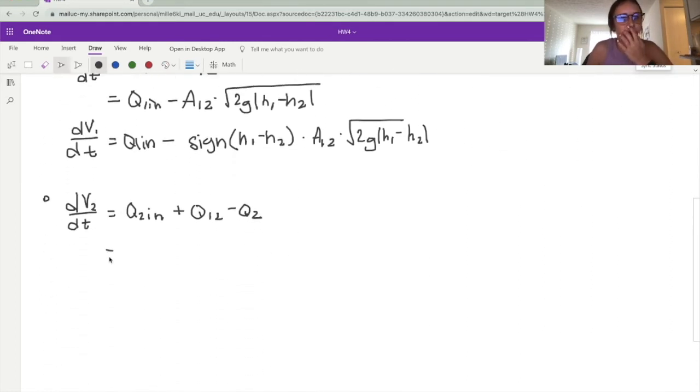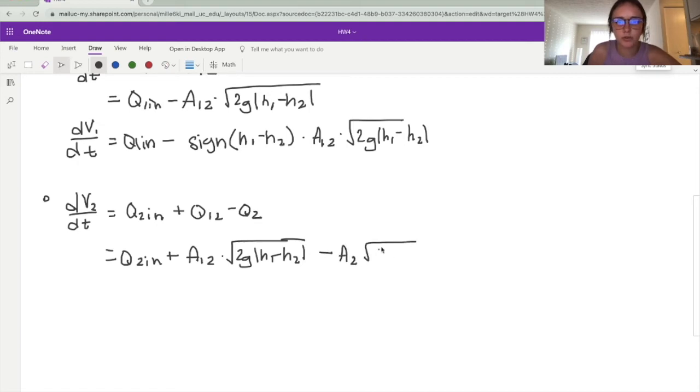And so we can rewrite this with what we found above, so Q2 in plus A12 times square root of 2G H1 minus H2 minus A2 square root of 2G H2.